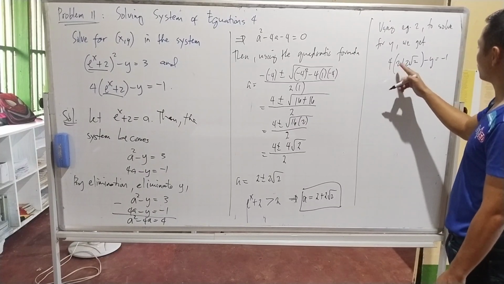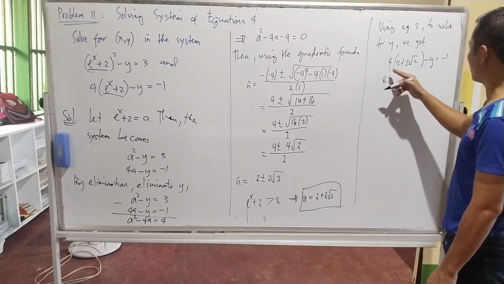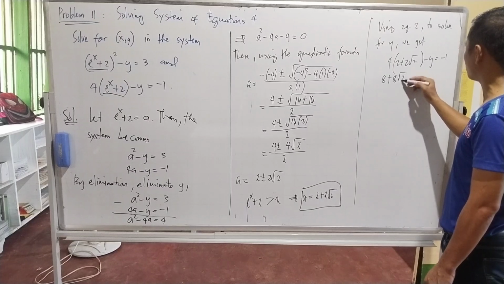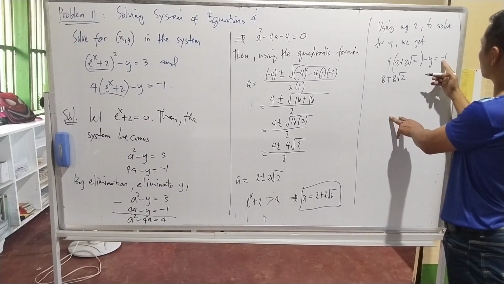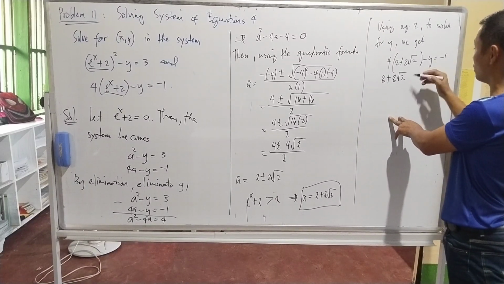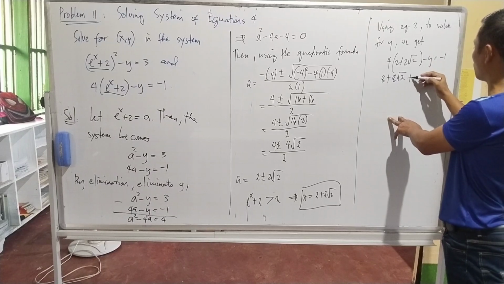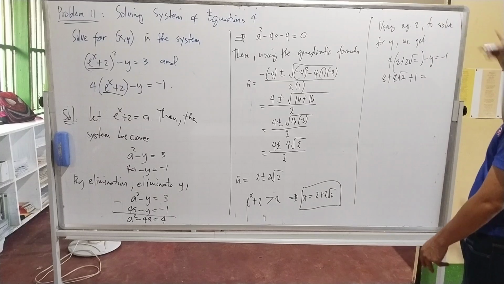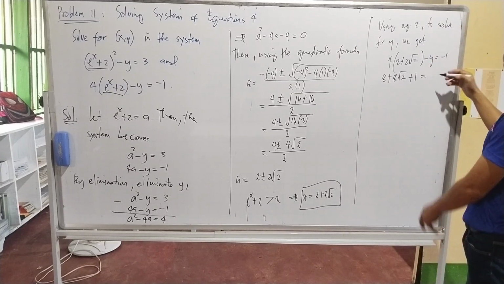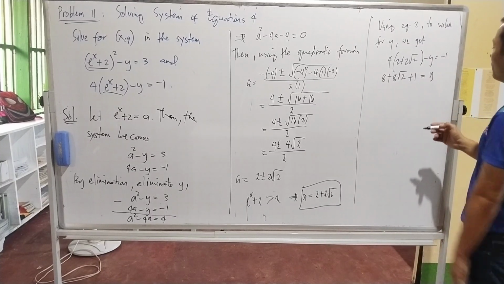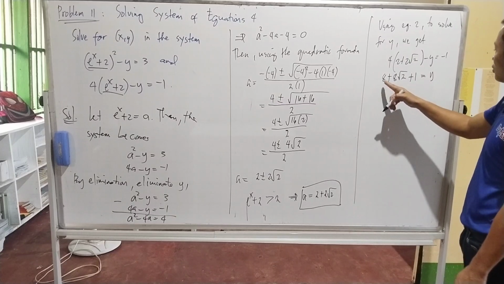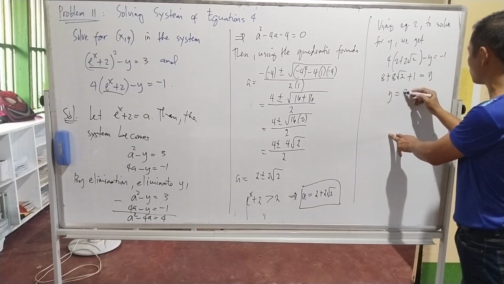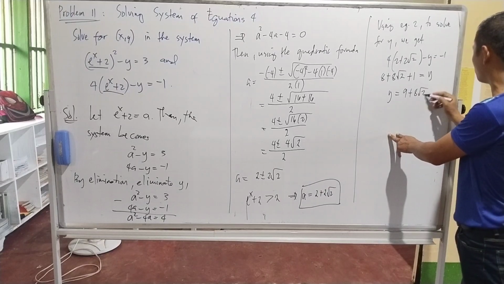Simplifying this, 4 times 2 is 8, and 4 times 2√2 is 8√2. Then this -1, we're going to place to the left side of the equation, so it becomes +1, and the -y we put on the right-hand side, so this becomes positive y. Combining like terms, 8 plus 1 is 9, so therefore y = 9 + 8√2.